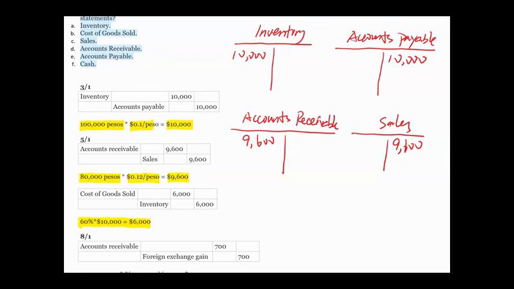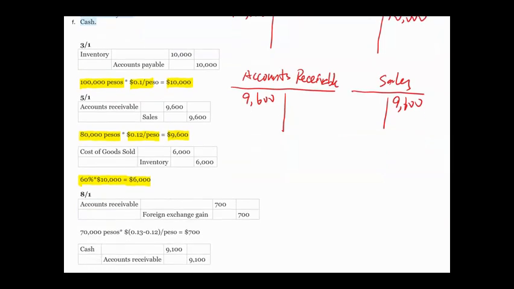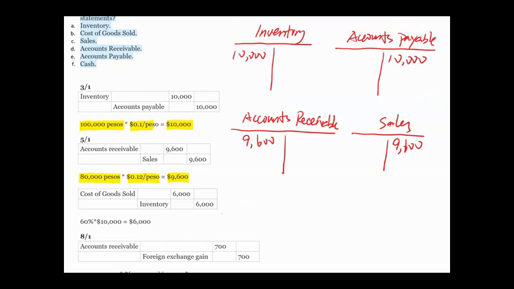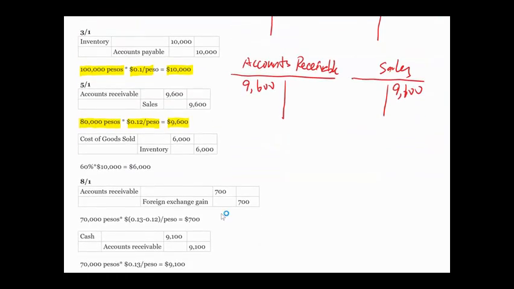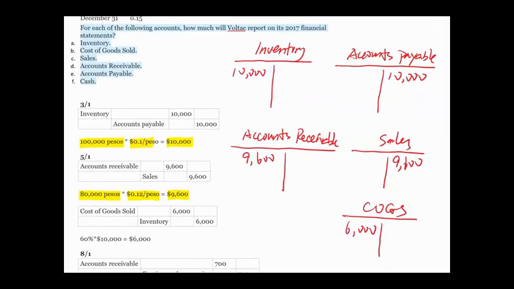In this journal entry we have a new account, which is cost of goods sold. For cost of goods sold, we debit 6,000. At the same time, we credit 6,000 from inventory.